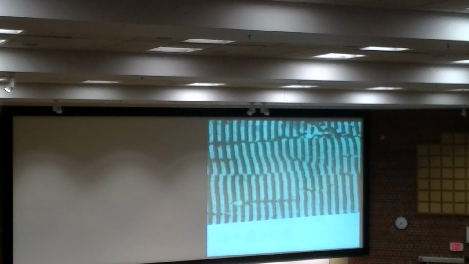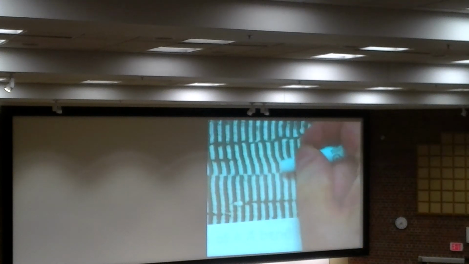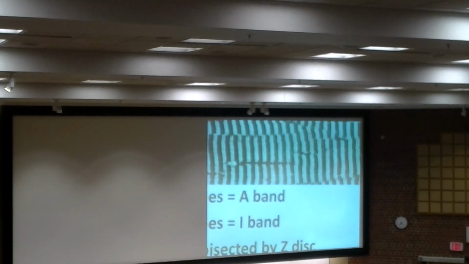Hints of a thin, darker band running right down the middle of the I-band. Whoa, that's an interesting structure. What do you want to call it? Look at your notes. Hey, that's a good name. Let's call that a Z-disc. Okay? Did you all see it?